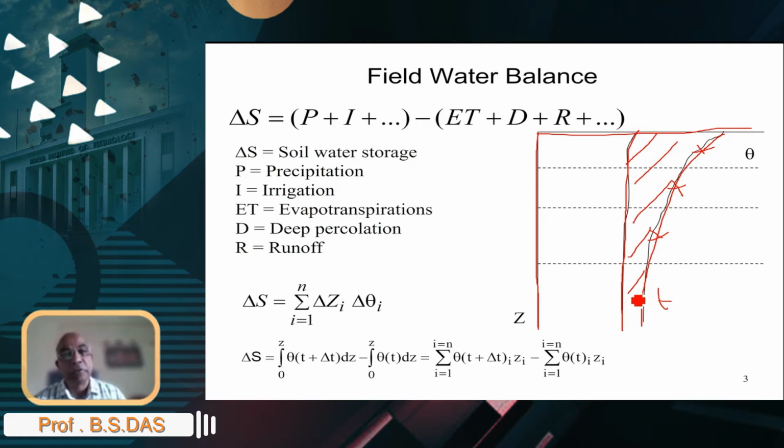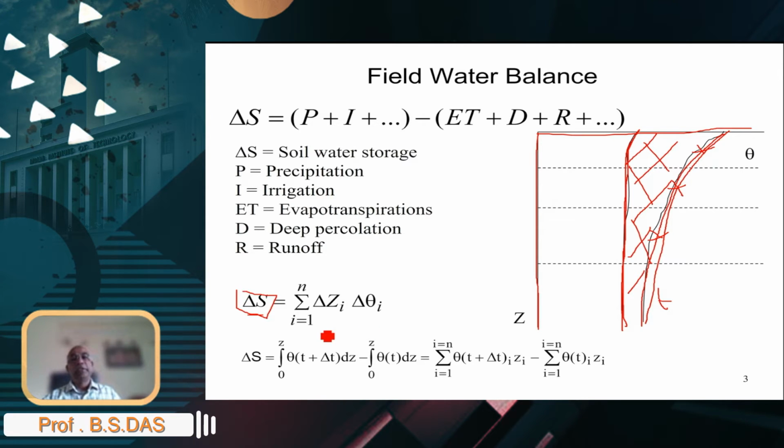This difference in the storage, we designate as delta S. It is all the water which is there in the soil profile today, and after, say, 24 hours or any other time interval, if the soil wetness decreases, whatever decrease you come across becomes your storage change.